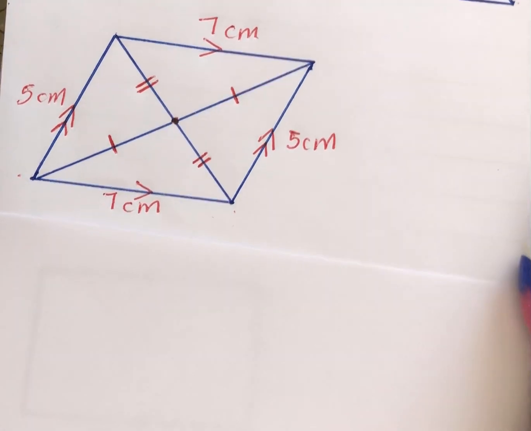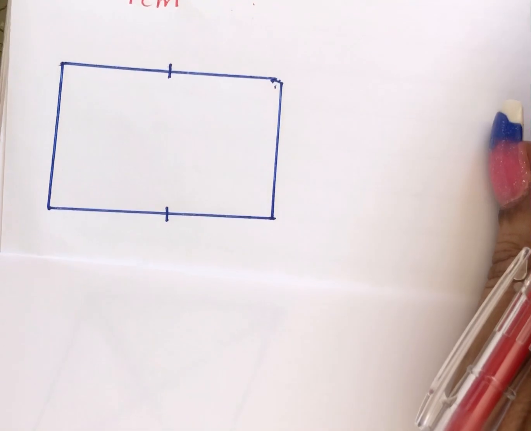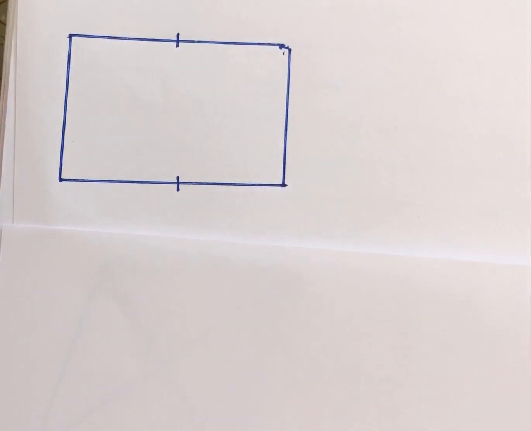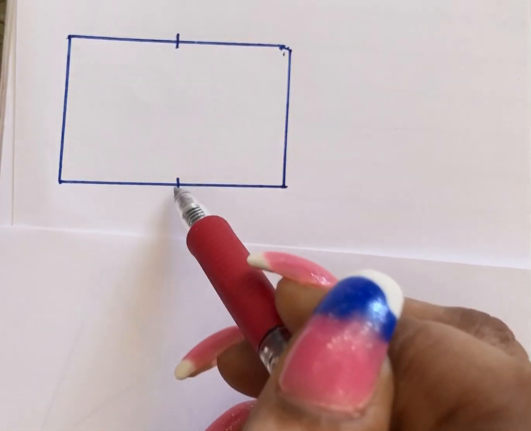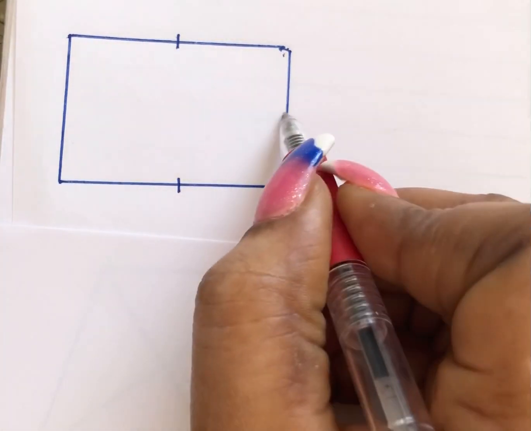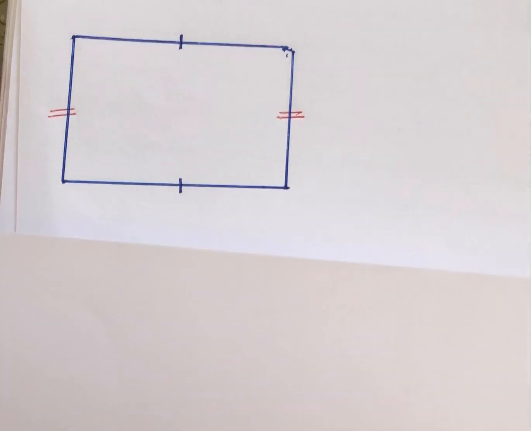Okay, let us continue to look at our quadrilaterals. One more. What is the special name given to this quadrilateral? Can you tell? I have a hint here. Look carefully. This is your hint. I'm going to put one more hint here. What are they saying to you?